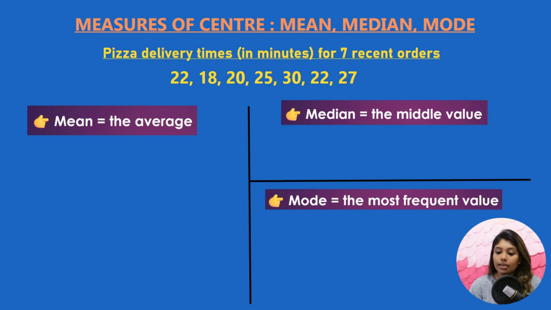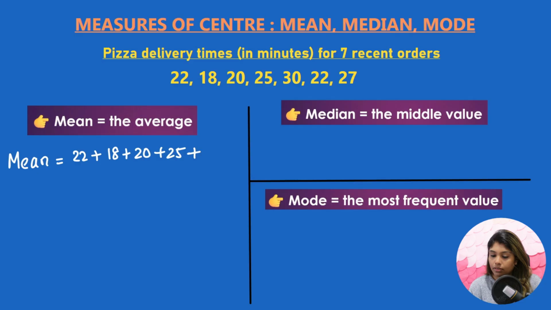To find the mean, we add all these data values and then divide the answer by the number of data values that are present. So mean equals 22 plus 18 plus 20 plus 25 plus 30 plus 22 plus 27, divided by 7, since we have 7 numbers here.